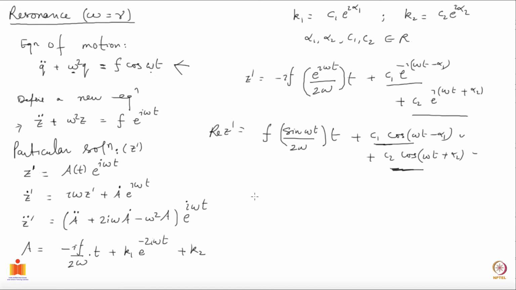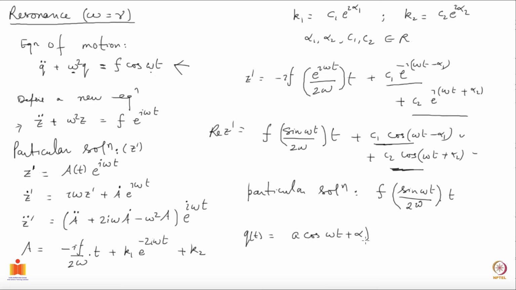So my particular solution is f sine omega t over 2 omega times t. And as I said, I can write my solution q of t to be some constant a cos(omega t plus alpha), plus the particular solution.